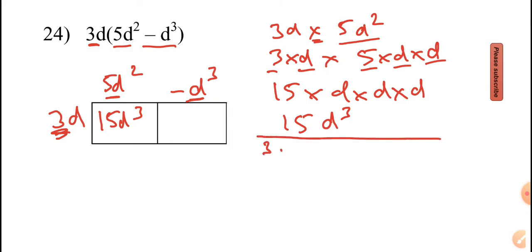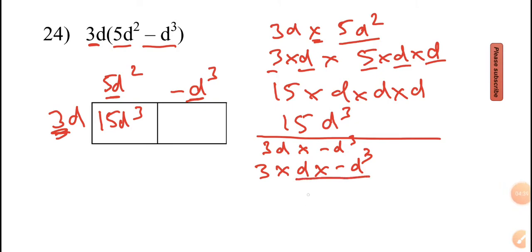So if you do 3d times minus d cube, which is the same as saying 3 times d times minus d cube.